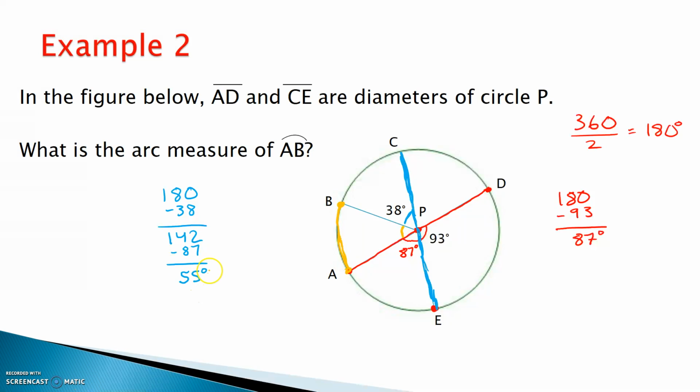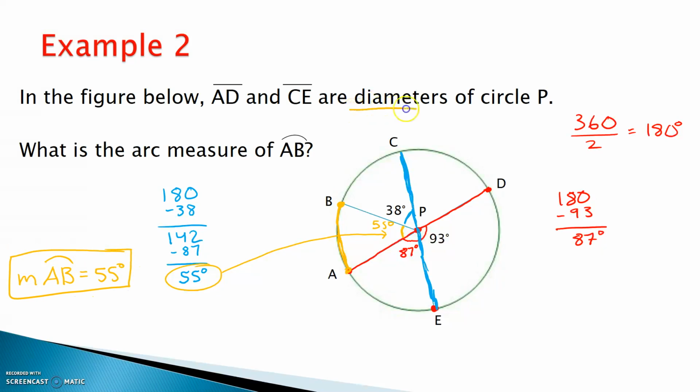Now again, what is that 55 referring to? That is that angle right there. That is 55 degrees. So the measure of arc AB is going to be 55 degrees. There we have it.